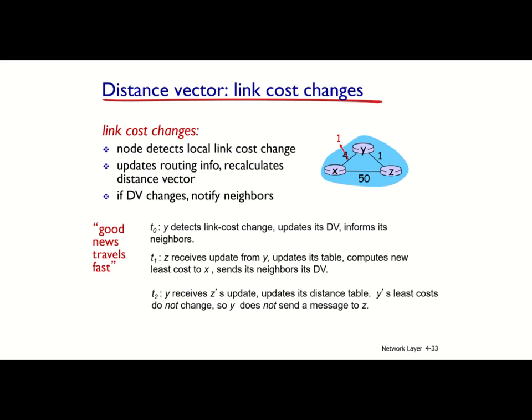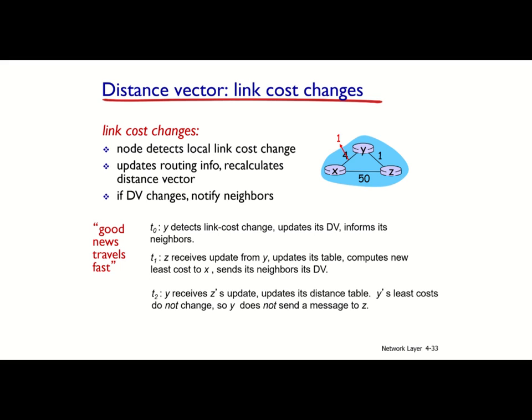So it's not a big deal. The link cost change travels very fast in this case, but later we see that some other link cost changes may cause problems for the distance vector algorithm.